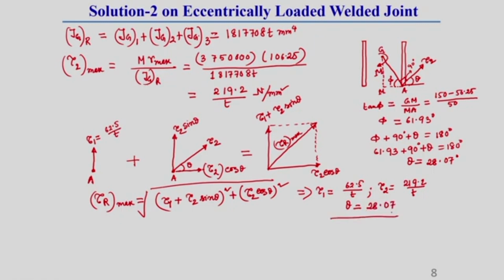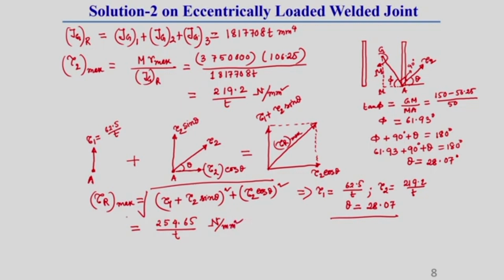By using these parameters, I am directly putting the calculated value so it will be more clear to you. The resultant tau max we are getting, by putting all these things, as 254.65 divided by t. Its unit is Newton per mm square.